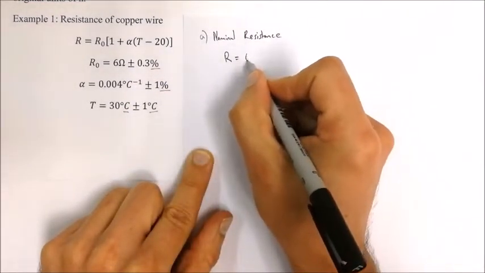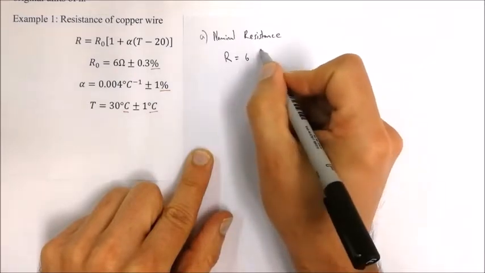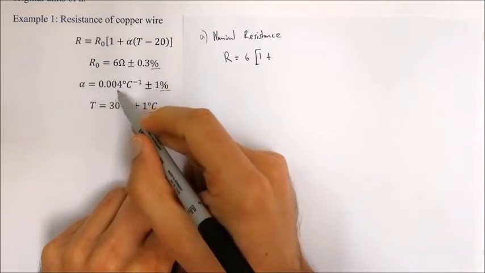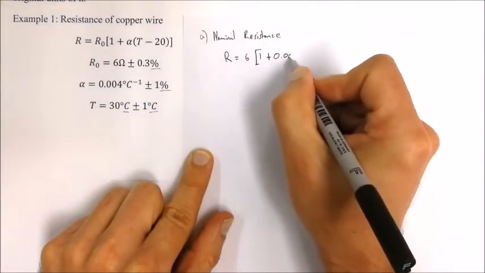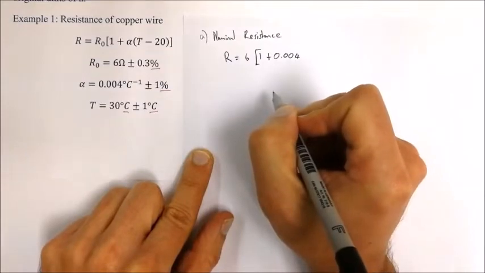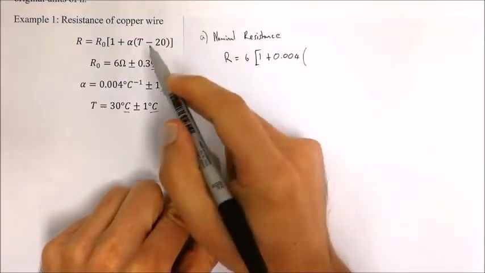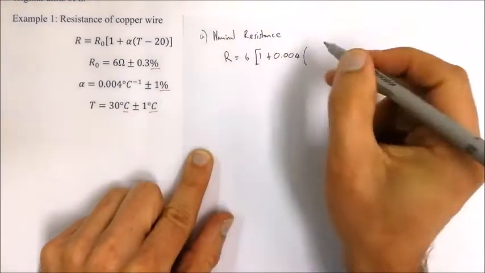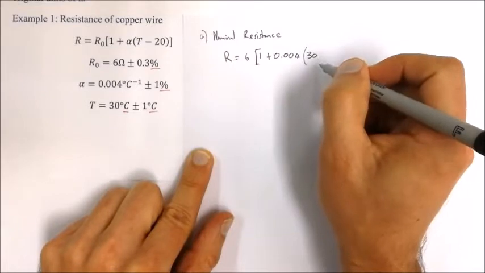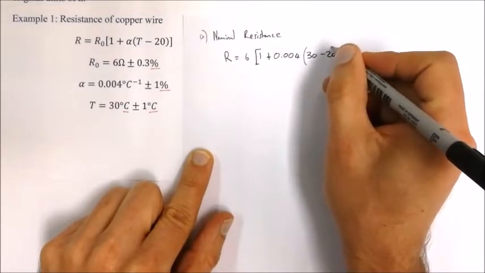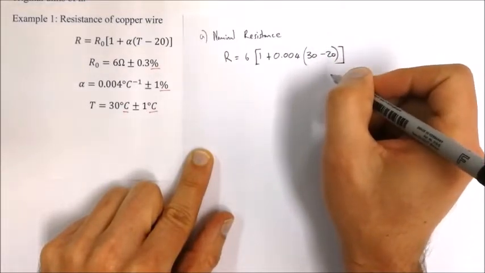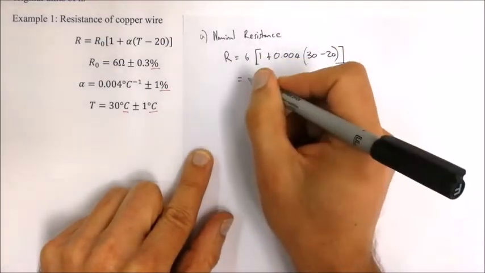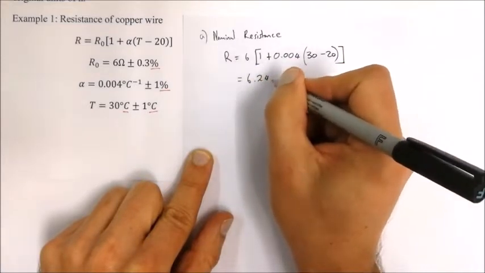So it's 6 multiplied by 1 plus alpha, which is 0.004, multiplied by t. The temperature's nominal value is 30 degrees, and we minus 20. Therefore we get a nominal resistance value equal to 6.24 ohms.